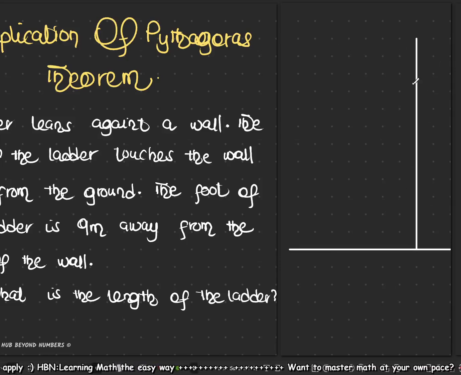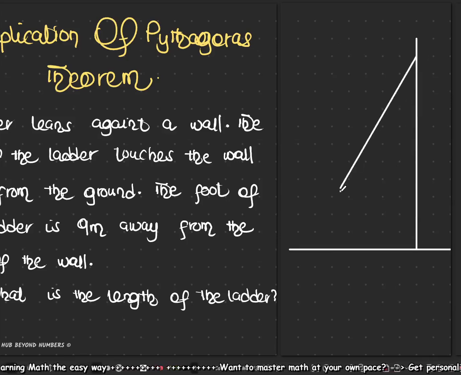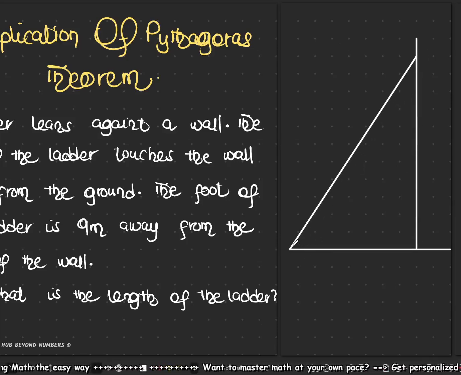Something like this. So this should be my 12 meters from the ground. The ladder leans like this. This is how the ladder leans, and it is 12 meters from the ground.